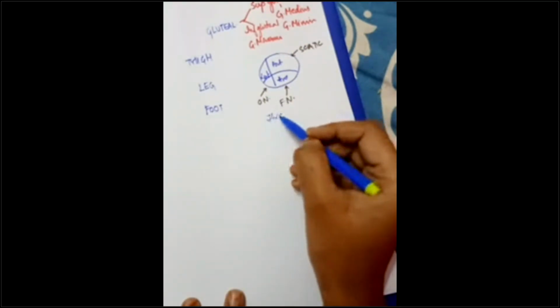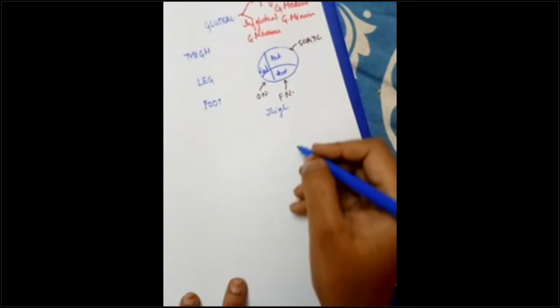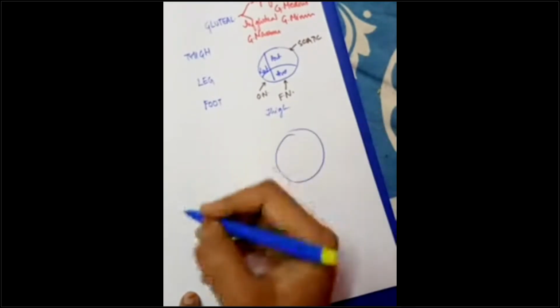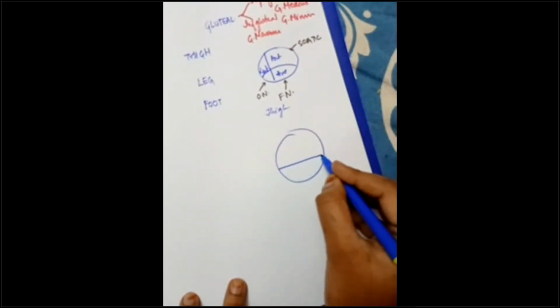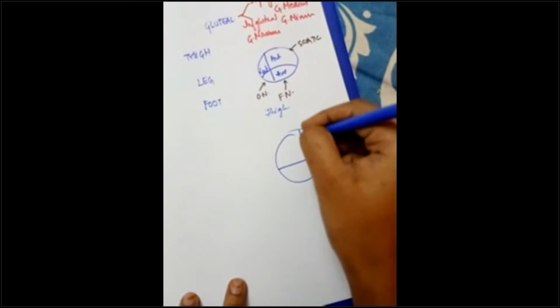Now let us move to your leg. Leg, how many compartments is it divided into? Your anterior compartment, your posterior compartment, your lateral compartment. See, I will start from the posterior side.